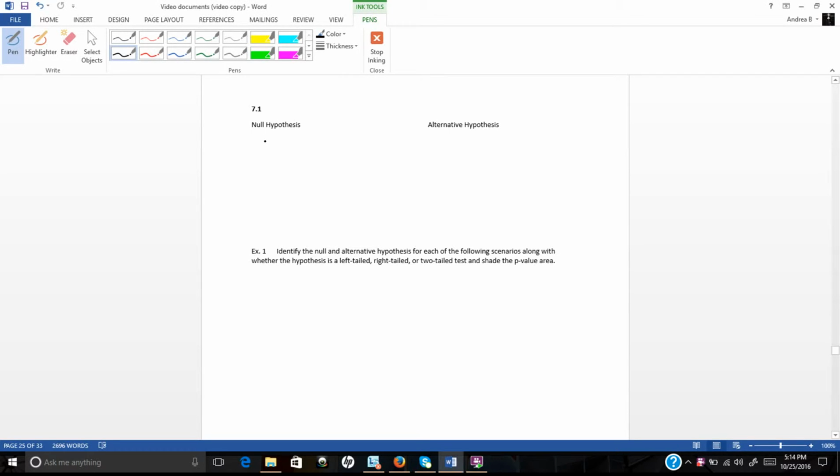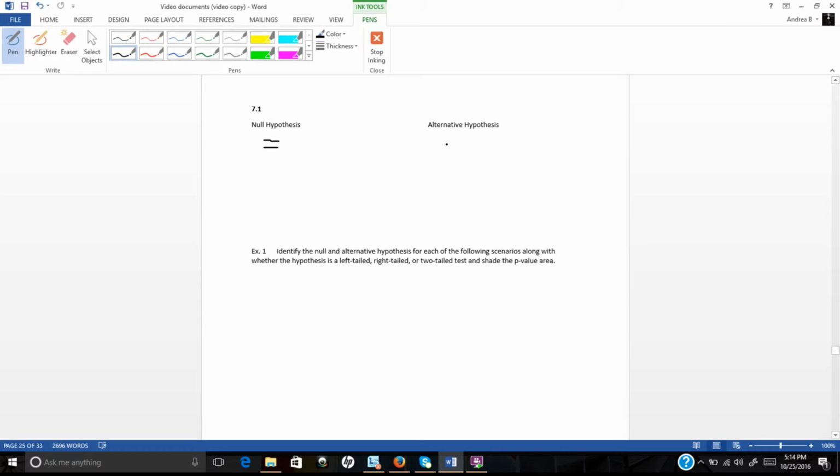For the null hypothesis, the statement says that something is equal to some number, and it could be in terms of the mean, a proportion, or a standard deviation or variance, like we had in chapter 6.